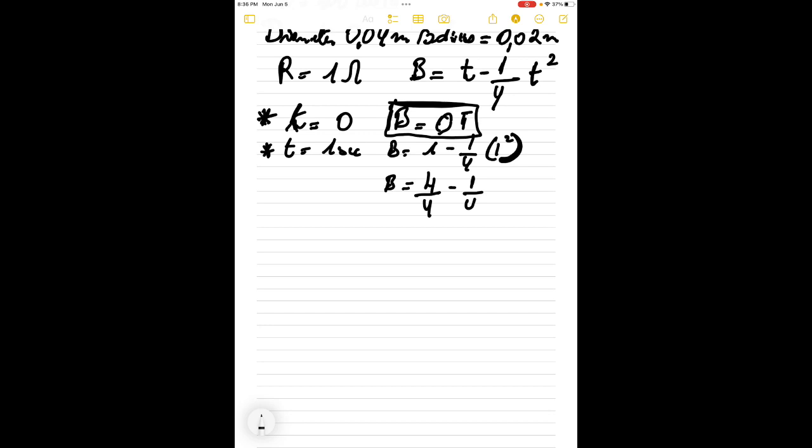And then we take the derivative of the induced current. This is the formula of the EMF: the inductance multiplied by the derivative of the current over the derivative of time. So we replace the derivative of the current with this formula.